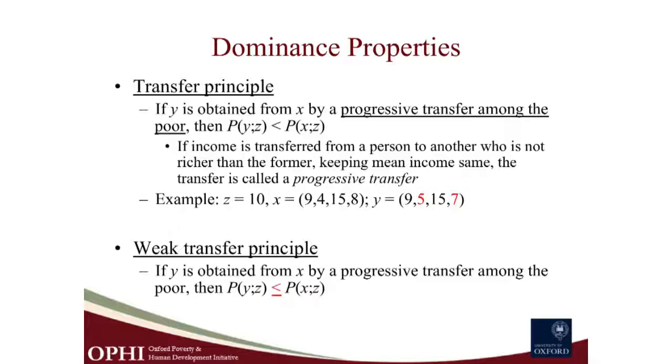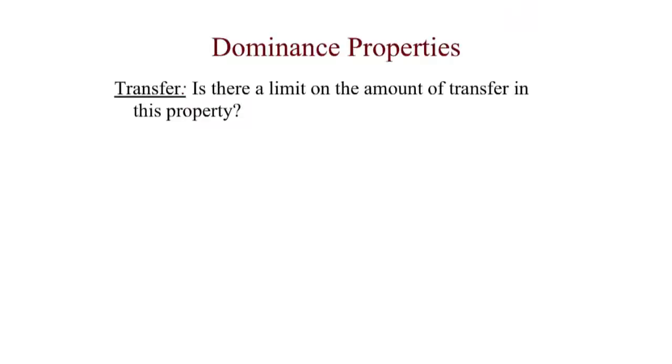Okay, now the question is, is there a limit of transfer? What is the main idea of transfer? If you take some amount from a richer person and give it to a poorer person, that means inequality has reduced, right? Is there any limit to such a transfer?